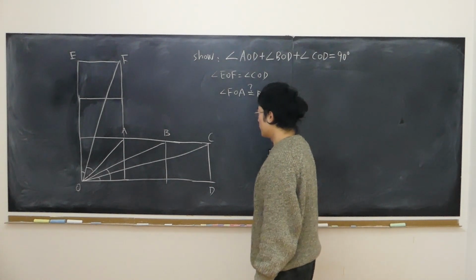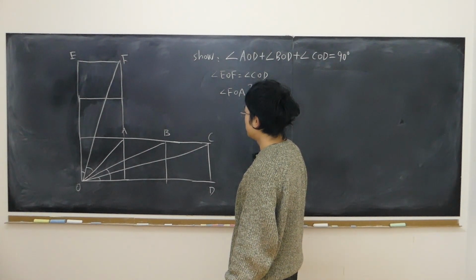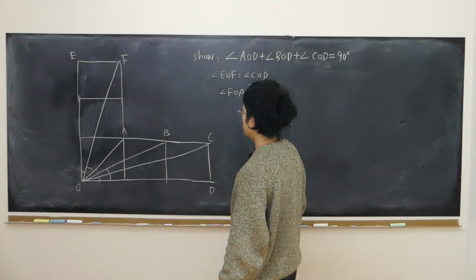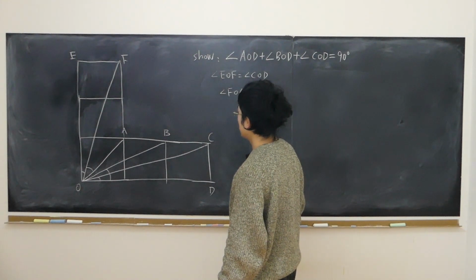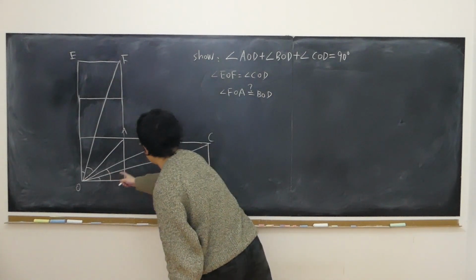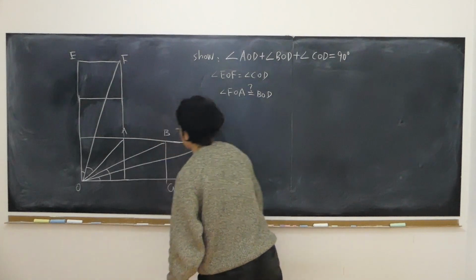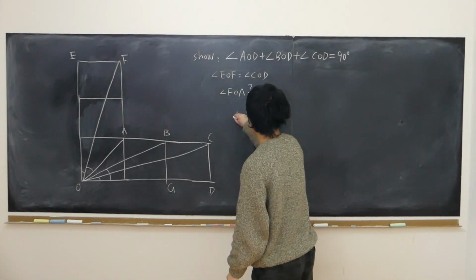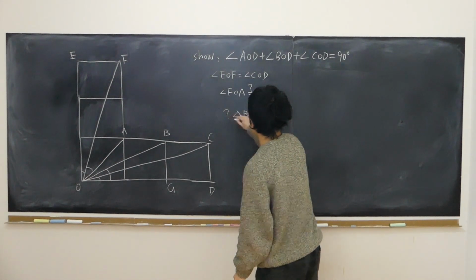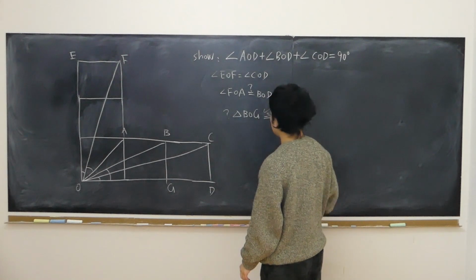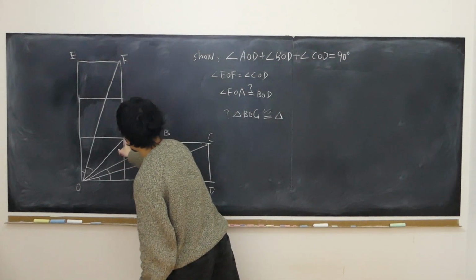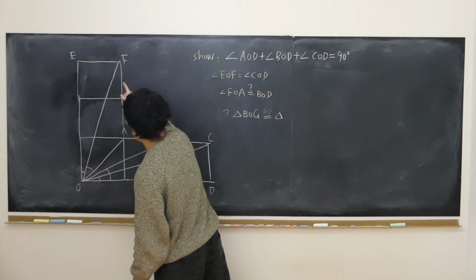So that means I probably need another similar triangle. First of all, I want to use my triangle A, B, C, D, E, F, G. I want to show that triangle BOG is similar to triangle AO, probably not AOF.